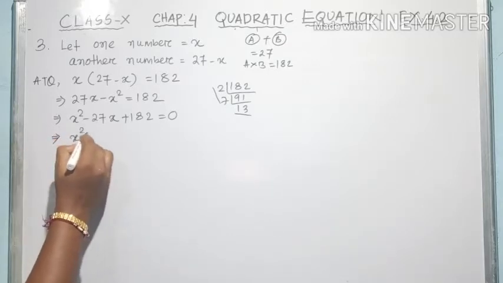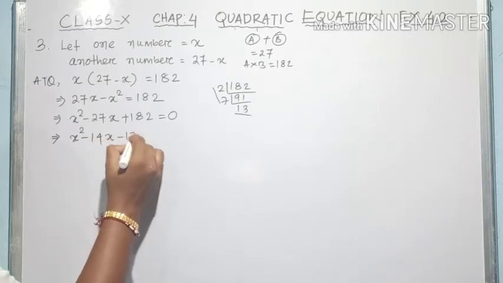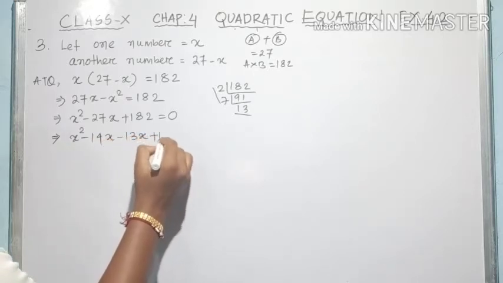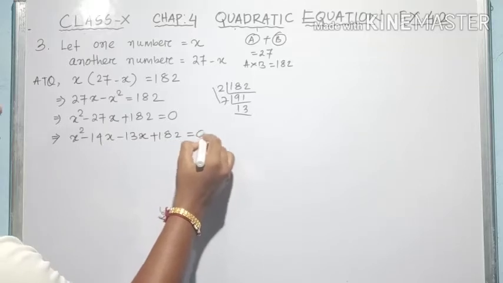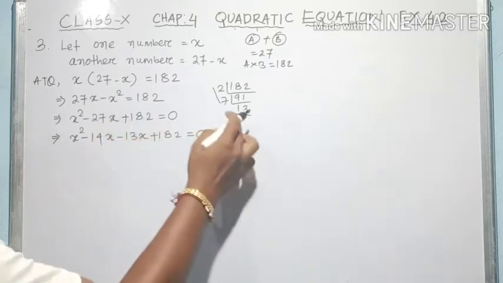This implies that x square minus 14x minus 13x plus 182 is equal to 0. This is the easy way to get the integers.